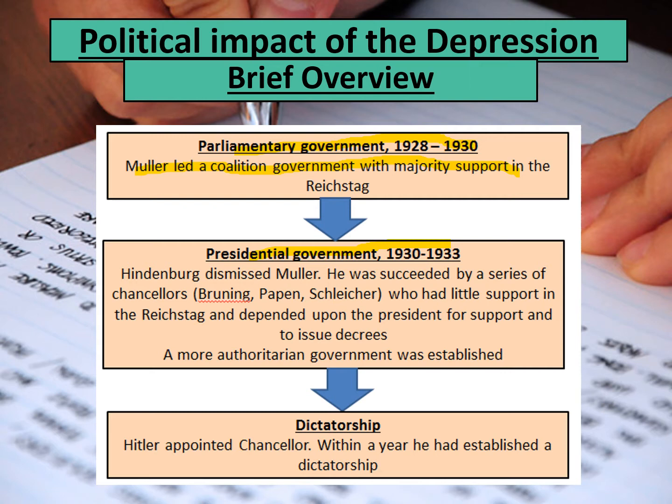So that's our second phase, the presidential government, and then obviously we've got Hitler being appointed Chancellor in January 1933, and he immediately starts to create a dictatorship, which he achieves by August 1934. So they're the 3 different areas that we'll need to know about within the Great Depression, and it just gives you a bit of a quick overview of what happens politically in Germany and the different phases that they go through.